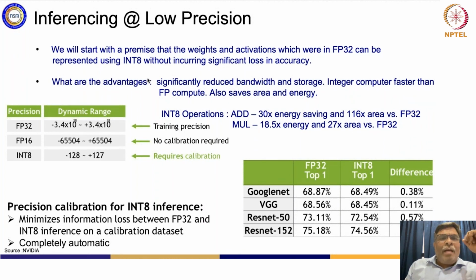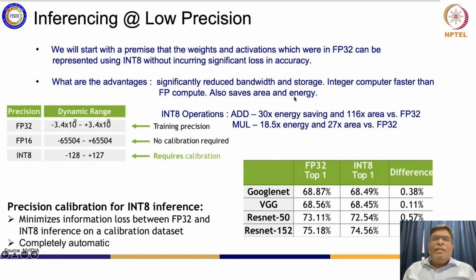What actually happens is when you do this, you can significantly reduce the bandwidth and the storage, and your integer compute, sorry, there's a typo here, is faster than the FP compute.